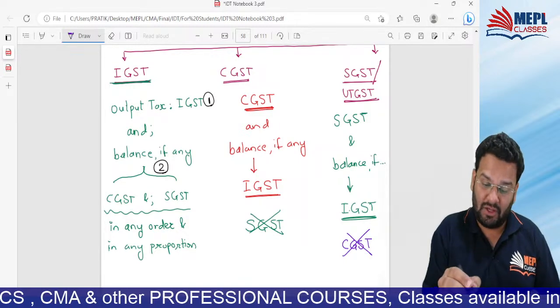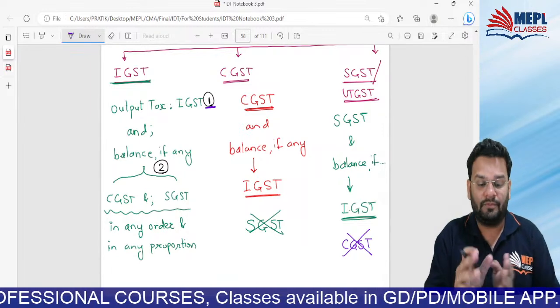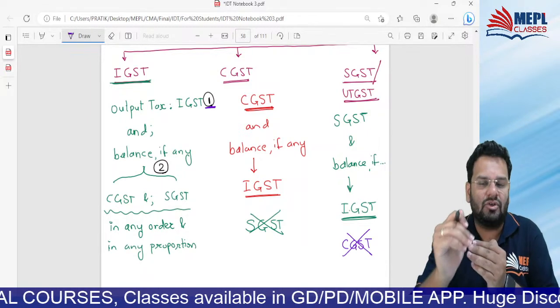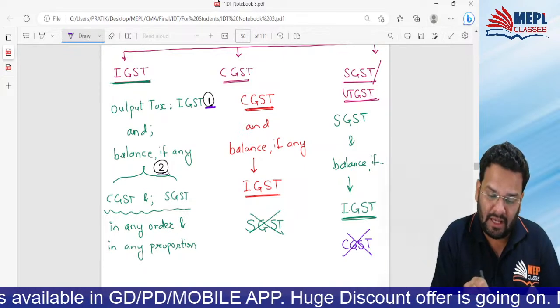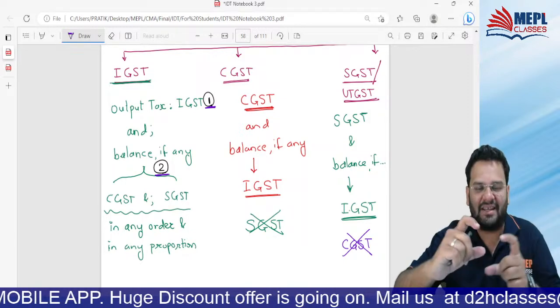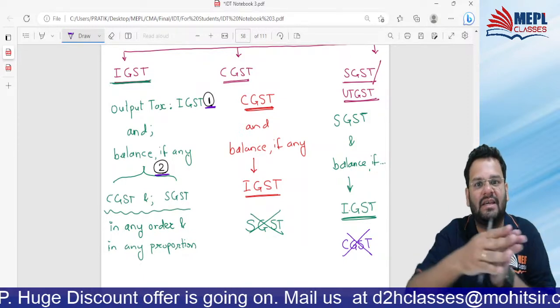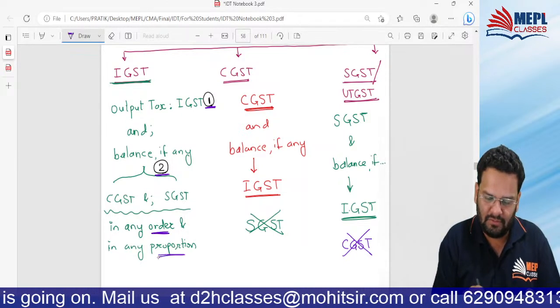So see the sequence, if I want to number it: first number goes to utilizing ITC of IGST to pay output tax of IGST. Second number goes to balance utilization of that IGST to pay CGST and SGST in any order and proportion.